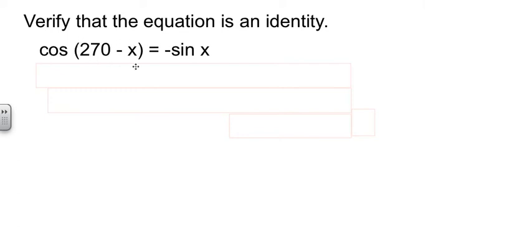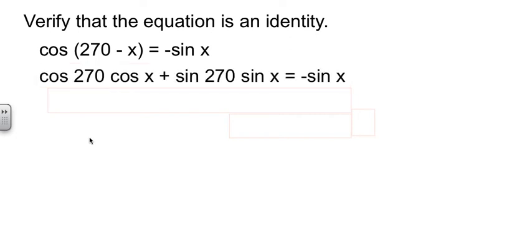Cosine of 270 minus x is equal to negative sine of x. Well, I recognize this. This looks like two angles being subtracted. This looks like the fifth formula back on slide 1. So I'm going to substitute the 270 and the x as a and b respectively.